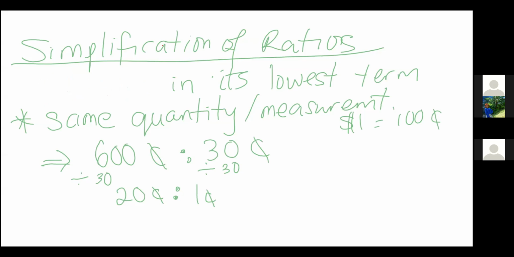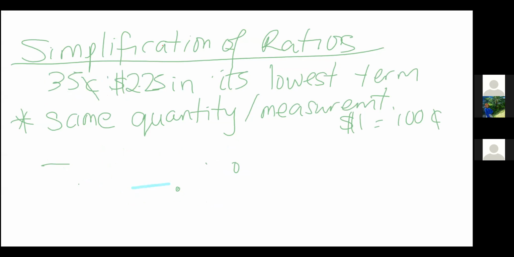Let's do 35 cents to $2.25. Yes, in the example, you put 30 on each side. Could we have drawn a long line like if we were doing LCM and just put it all over 30?